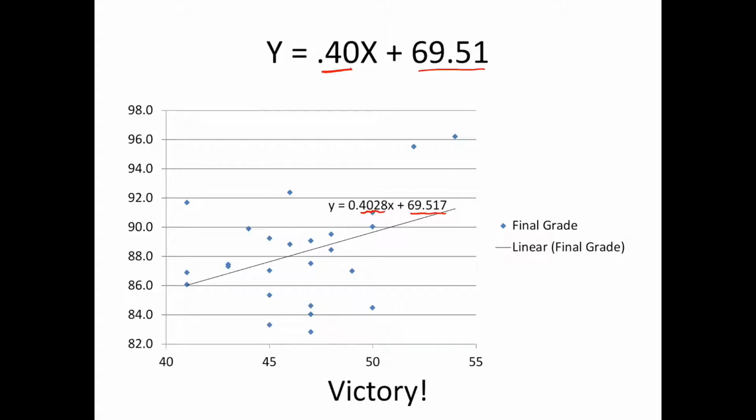Remember, we rounded all of our variables to 2 decimals, so it's no surprise we're a little bit off, but overall not bad. And remember, this is the equation for that line, in other words, for the series of predictions that we can make of a final grade based on an exam 1 score.